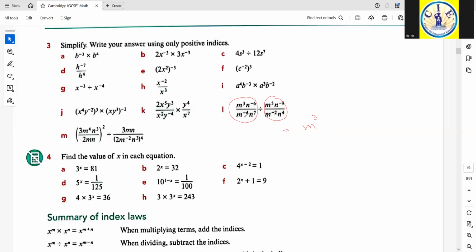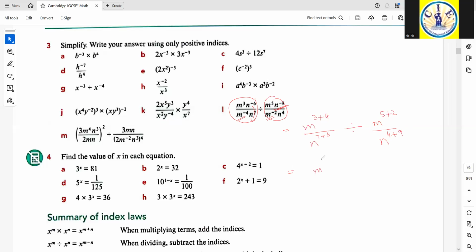M raised to the power 3, negative 4 is in the denominator, so it will become m raised to the power positive 4, and for this n raised to the power 7 plus 6, shifting this in the denominator, then divided by m raised to the power 5 plus 2, shifting this in the numerator, and divided by n raised to the power 4 plus 9, because there will be a change of the sign of the index when it is shifted in the denominator.